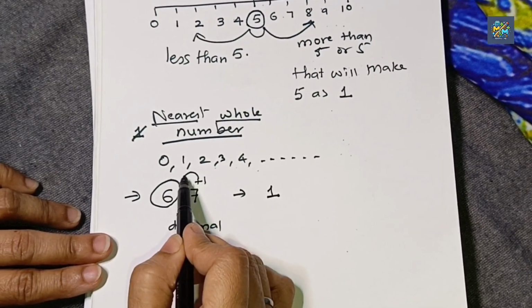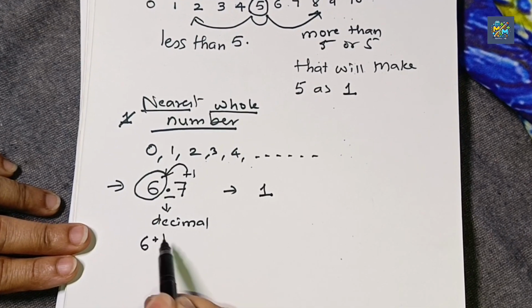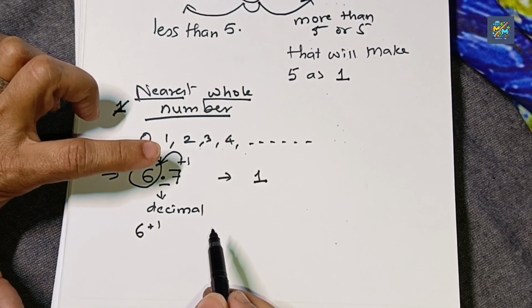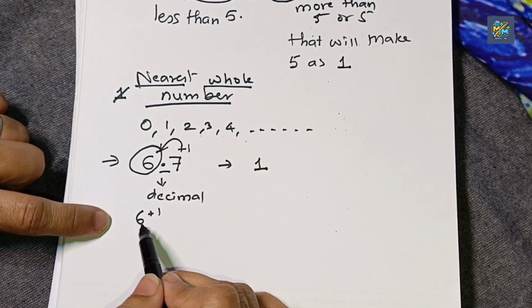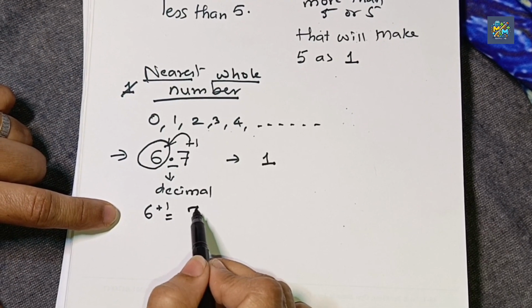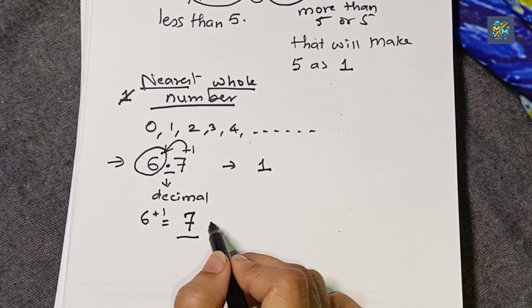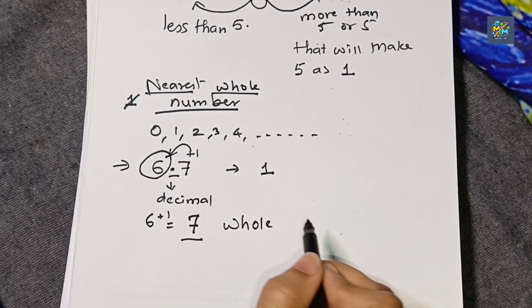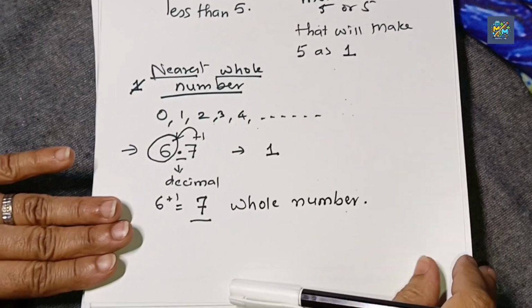This 1 will be added to the whole number. So 6 plus 1, my answer is going to be 7. This is the nearest whole number, and the whole number is 7. So this was my first sum.